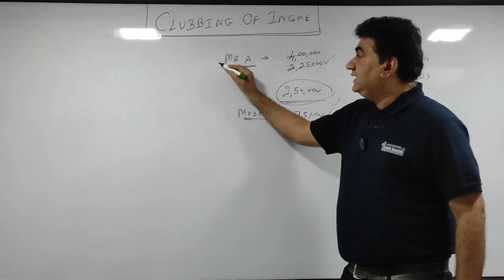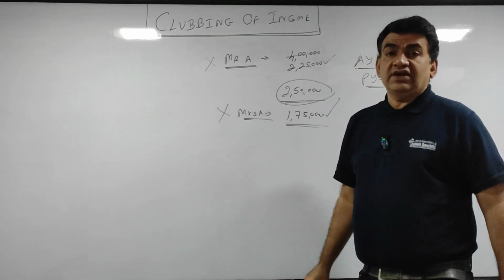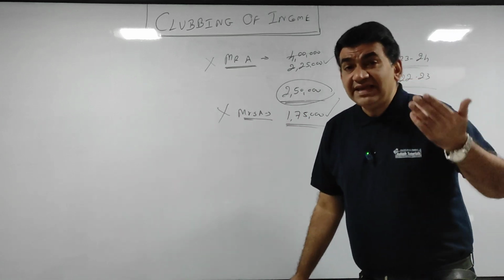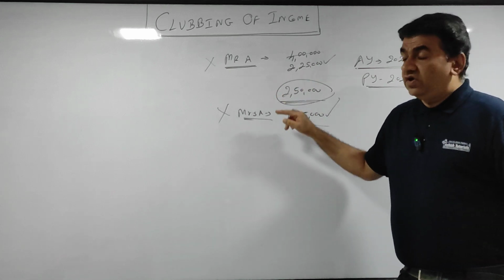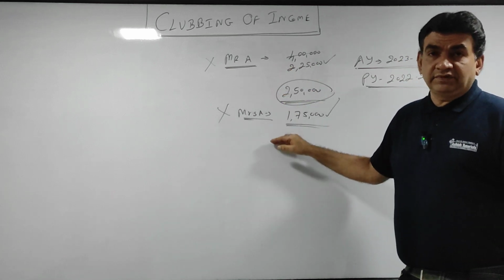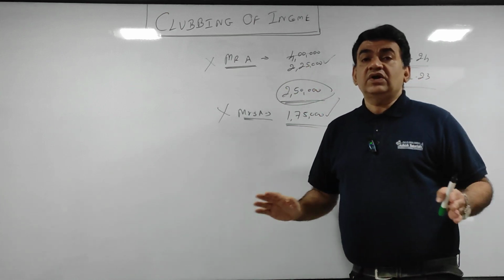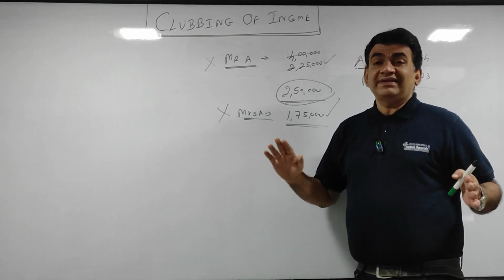Therefore, neither Mr. A nor Mrs. A will pay income tax, because when will income tax come? Only when the income of both of them goes above 2,50,000. Up to 250 no income tax. As I told you, up to 5 lakh also no income tax will come.